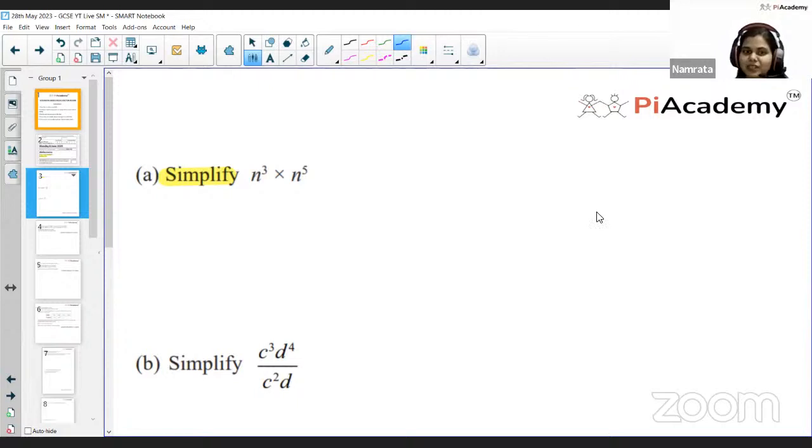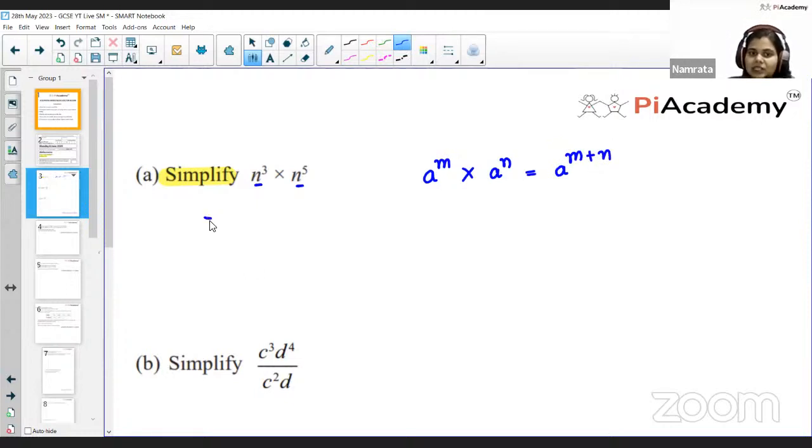Great. I guess we can start discussing. We already know whenever the bases are the same, we add the powers. For example, if it's a raised to the power of m times a raised to the power of n, we will be adding up the powers in this way.